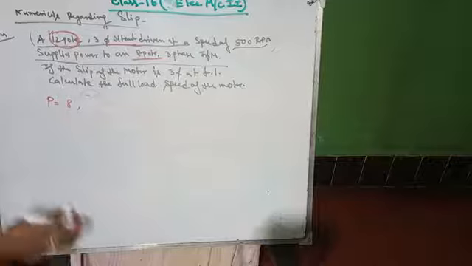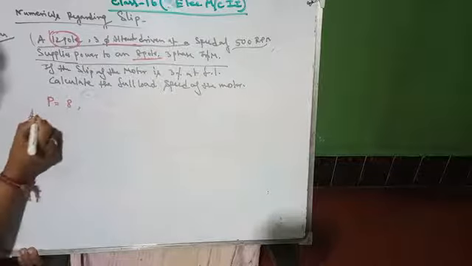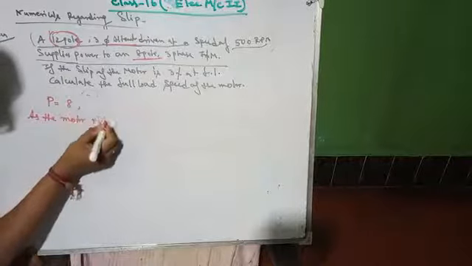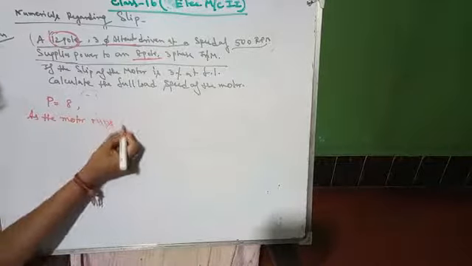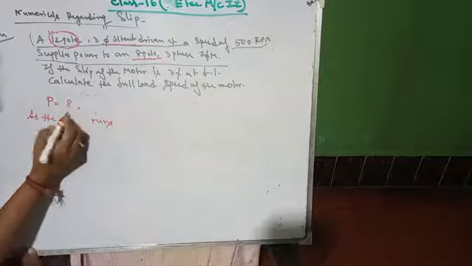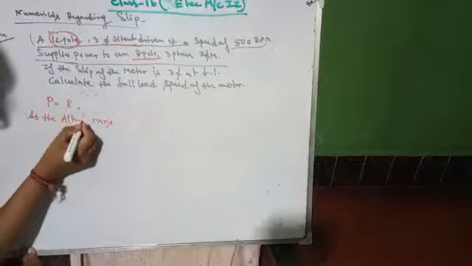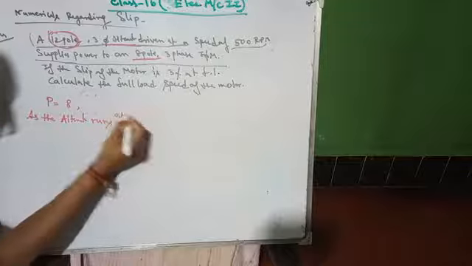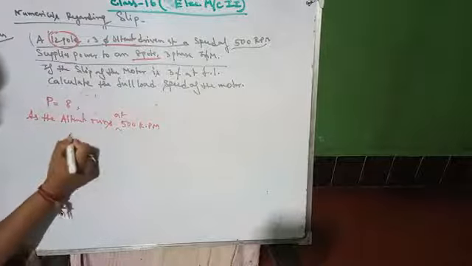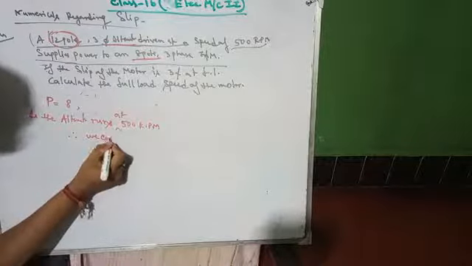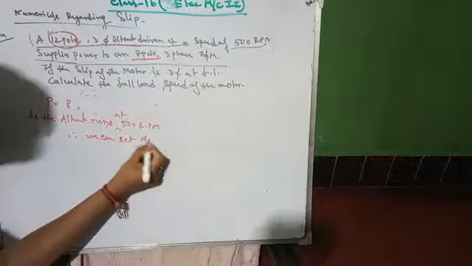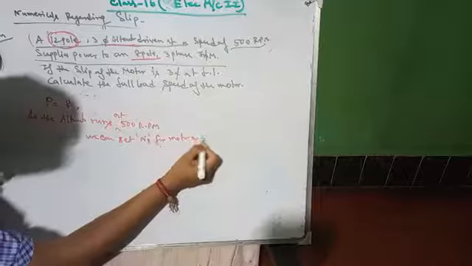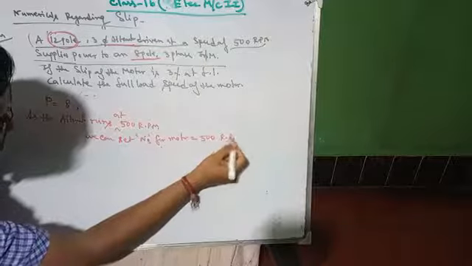As the alternator runs at 500 rpm, we can set Ns for the motor equal to 500 rpm.